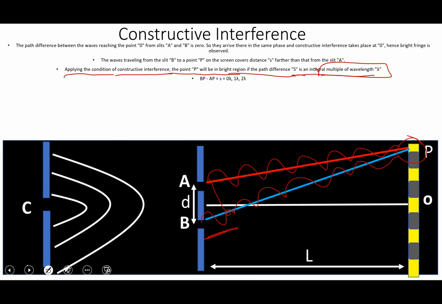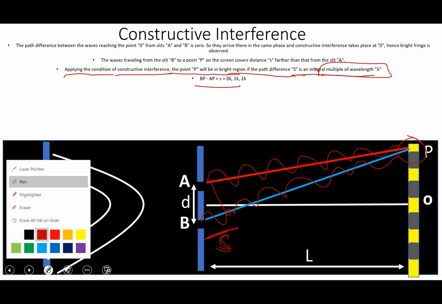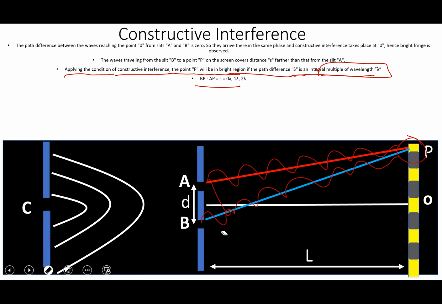Now if the path difference BP minus AP, which is the distance S right over here, is 0 lambda, 1 lambda, 2 lambda, any multiple of lambda, then it will follow a constructive interference. So this is the angle.